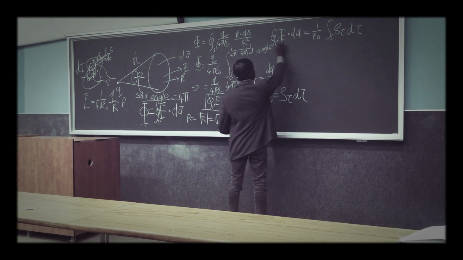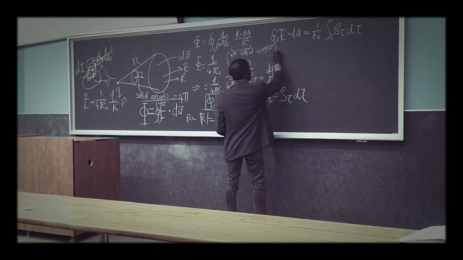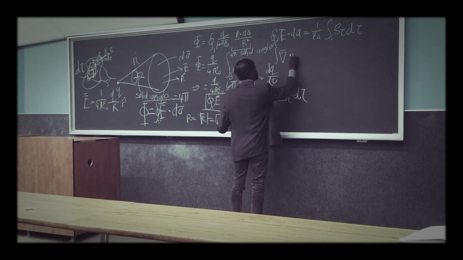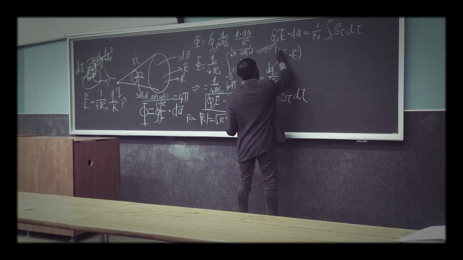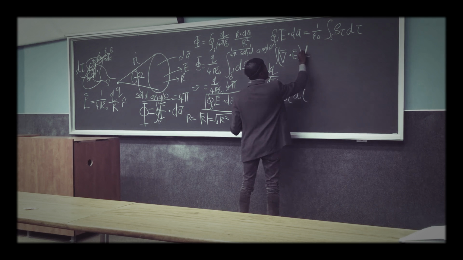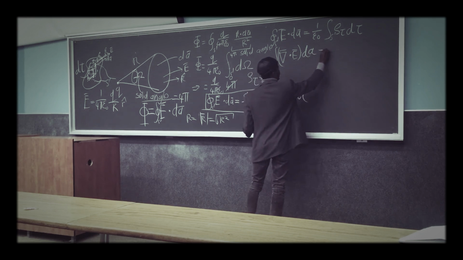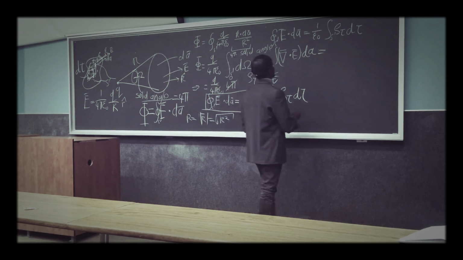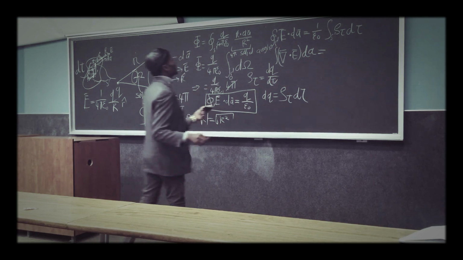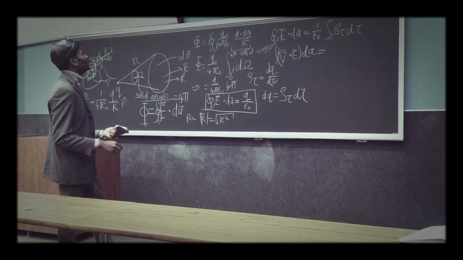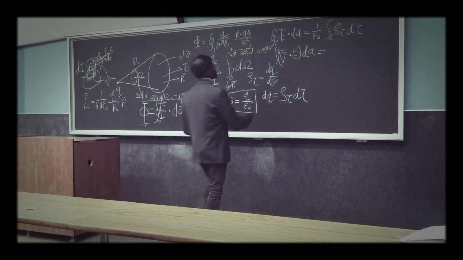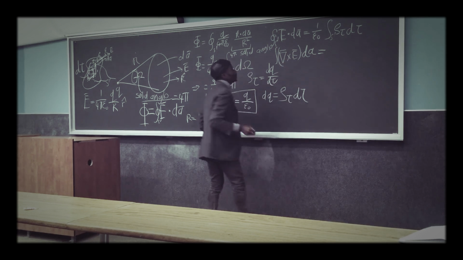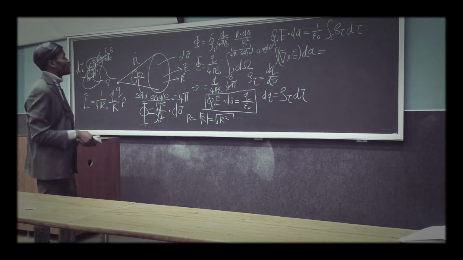So we can convert this to the following: the integral of the curl of E dA, and that is equal to what we have on the right-hand side, which is simply the same thing. No, wait, let's see. That's the curl, not a dot product. The curl of E, right?